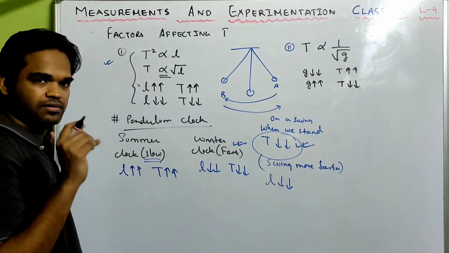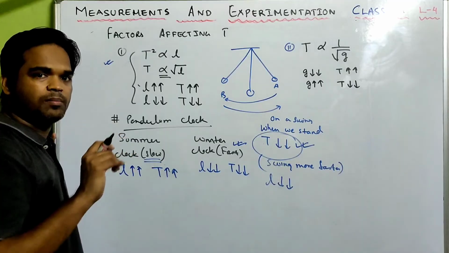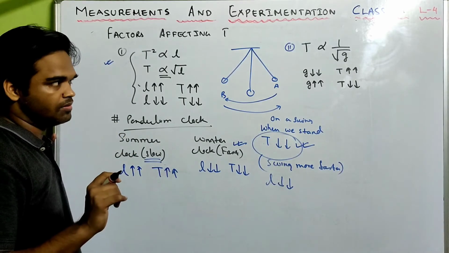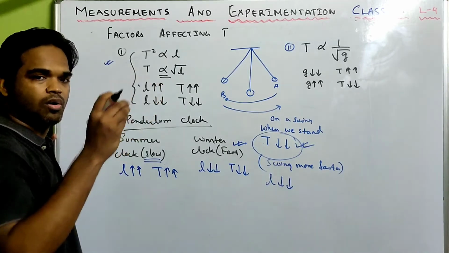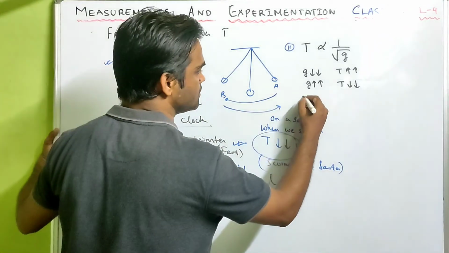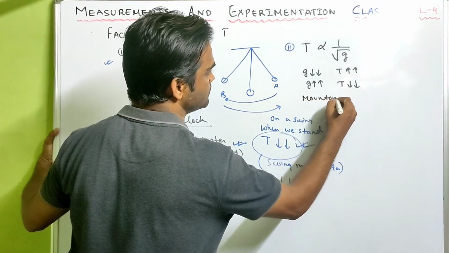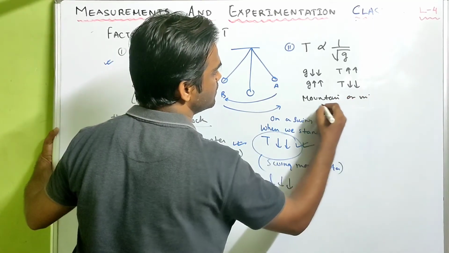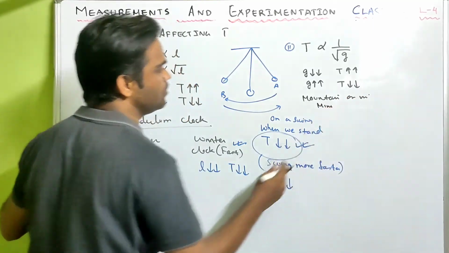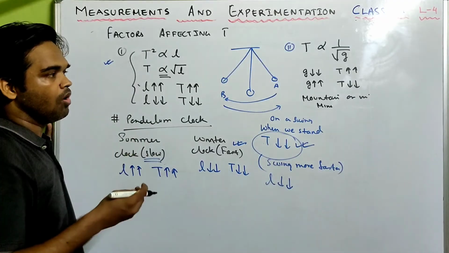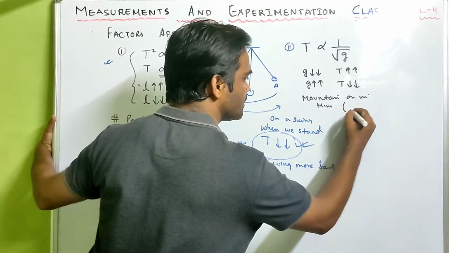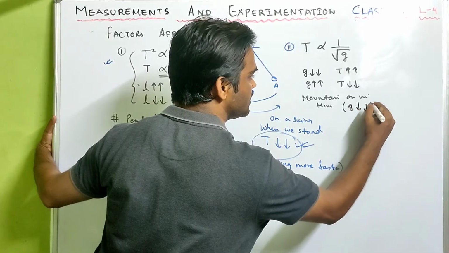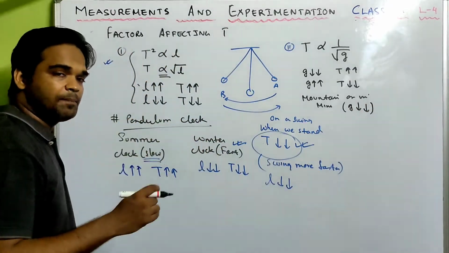We see that the pendulum clock, when taken on mountains or inside mines, goes slow. First of all, when you talk about mountains or mines, the value of g is less over there, which means the time period will be more.